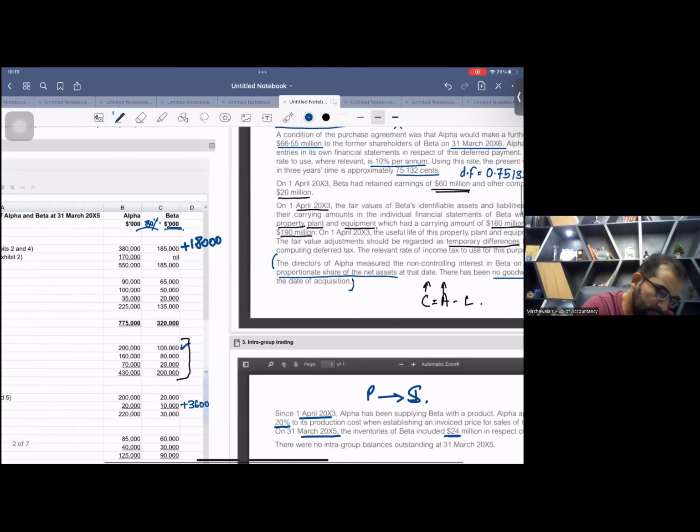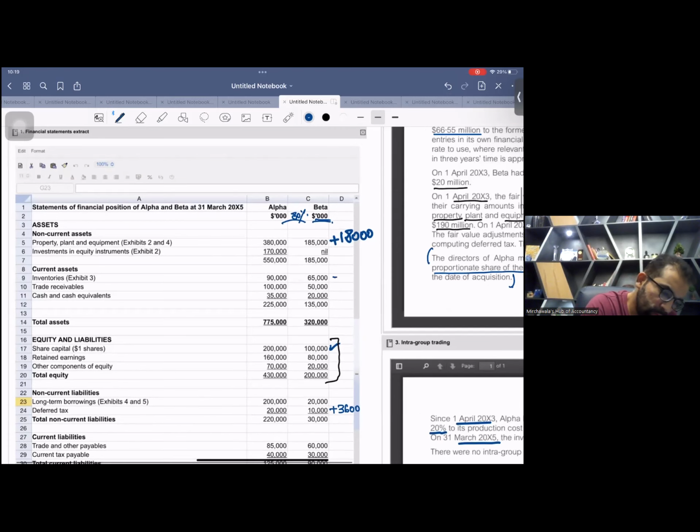Let me reduce the inventory first so that we don't forget. But yes, we have to reduce the consolidated reserve as well. Once I come to the consolidated reserve, I'll do it.